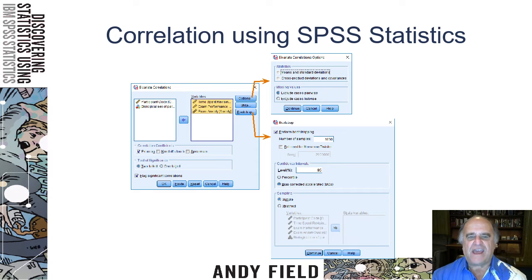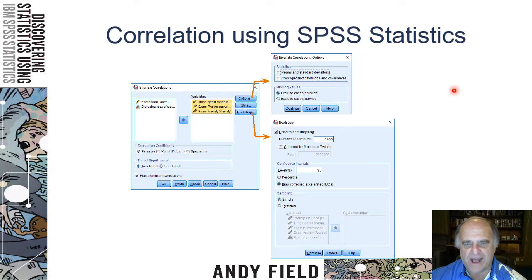Okay, so to get a calculation of r, a correlation, in SPSS is extremely easy. We just go to Analyze and then to Correlate, and that'll take us to Bivariate correlations. And all we have to do is bring into the Variables box those variables that we want to correlate.